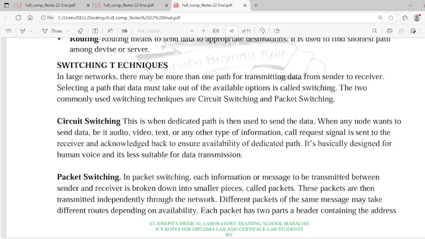Then we also look at the switching techniques. In a large network, there may be more than one path for transmitting data from a sender to a receiver.